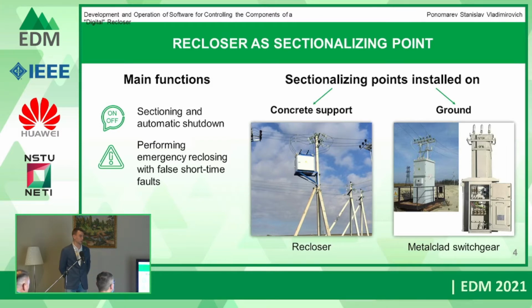This device is installed on the ground, but reclosers are better because of their benefits in dimensions, in size, in cost, and in their ease of installation, which is very good for the companies that are working in networks. So this is a perspective and good choice.